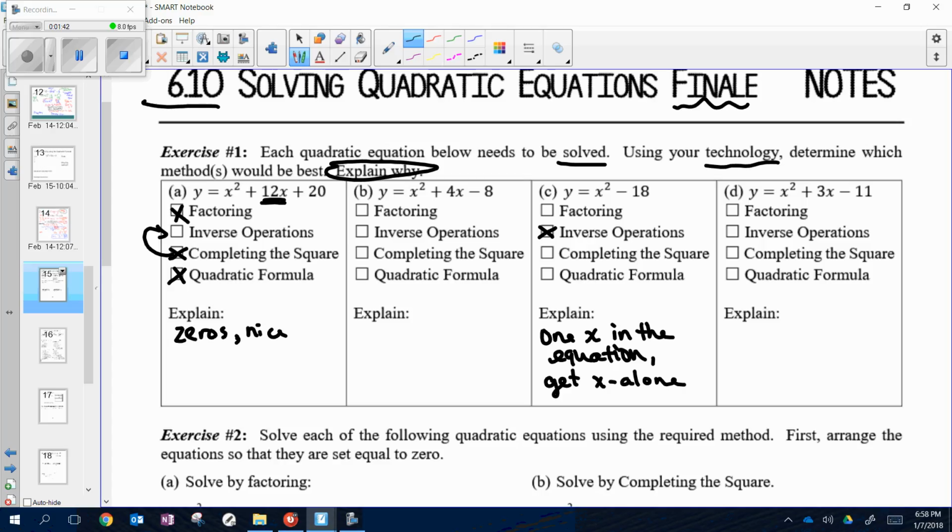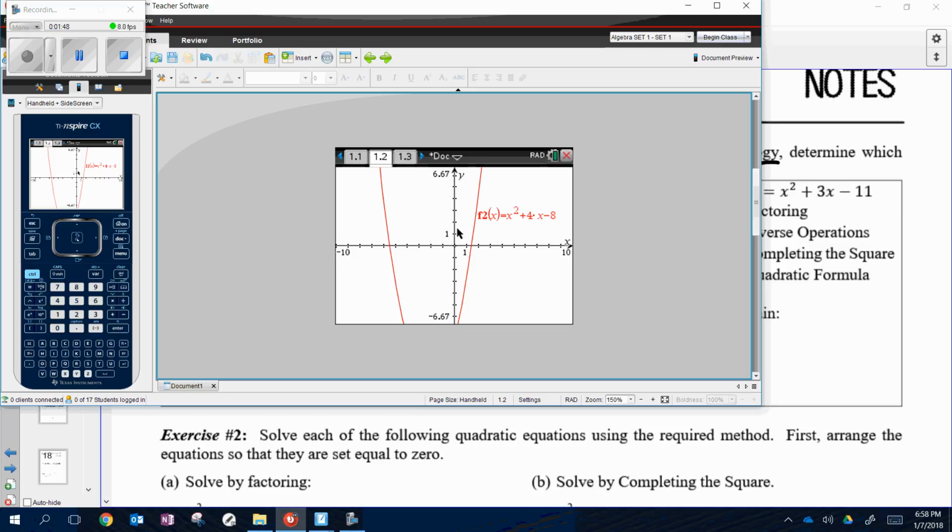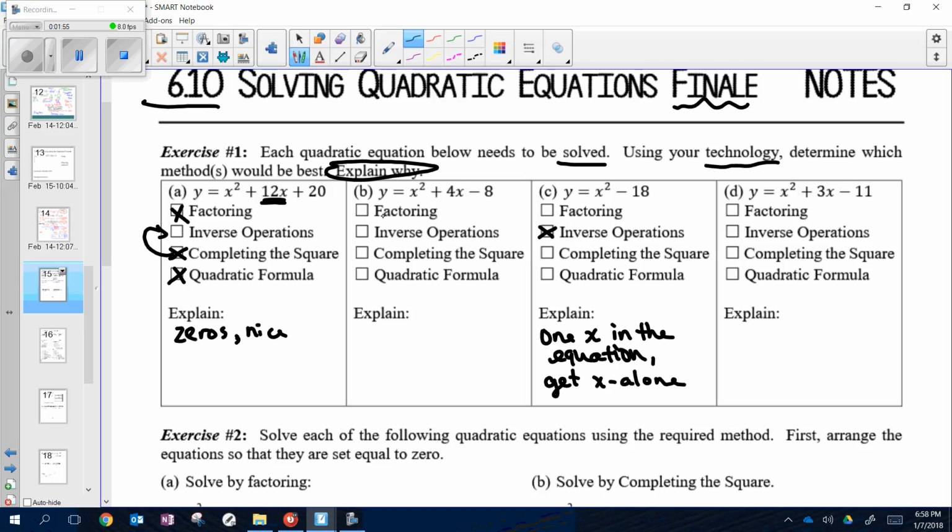This one, part B, when I looked at the graph of that, I have it on page 2 here, I noticed that the roots were not at nice points. They were not at whole numbers. And so I probably would not try factoring because it's not going to be easy to do. Inverse operations, well, it doesn't look like it'd be easy to get x alone, so I crossed that one off the list.